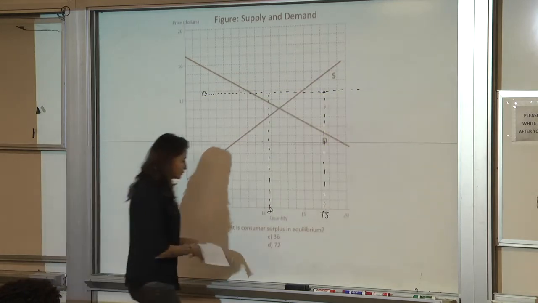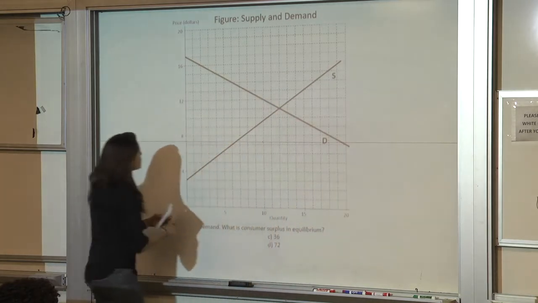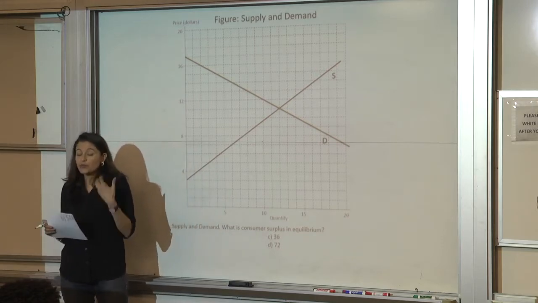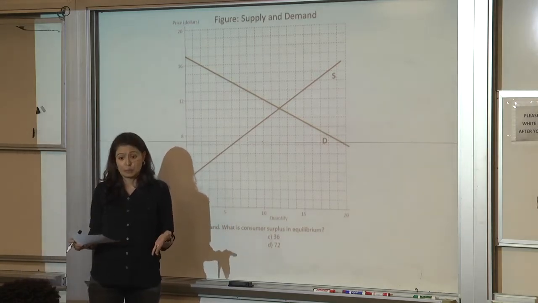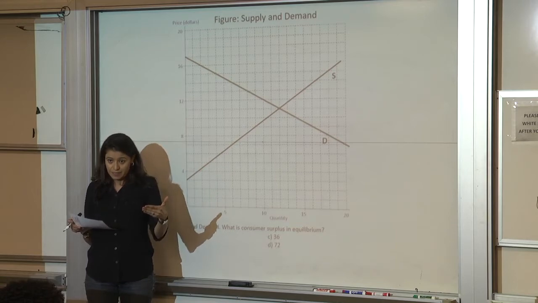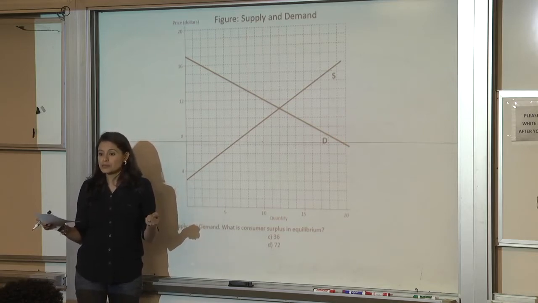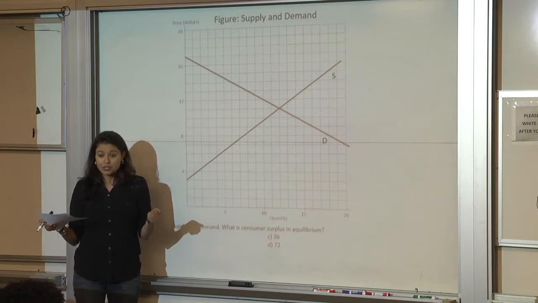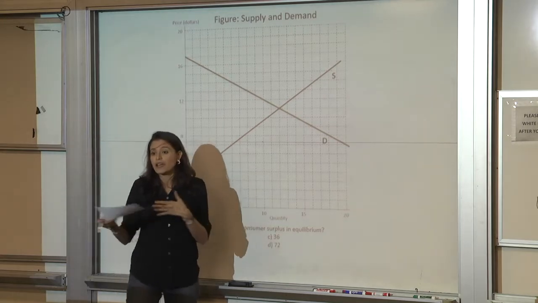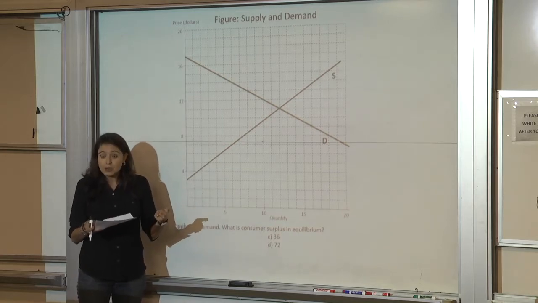Now, next question. The next question refers to the same graph and asks you, what is the consumer surplus in equilibrium? So first of all, let's think about what is the consumer surplus. The consumer surplus is the difference between the willingness to pay that is represented by what? What represents the willingness to pay of the consumers? The demand line, exactly. So demand is always associated with the willingness to pay of the consumers. And the supply function is associated with the cost of the producers, okay? So what the consumer surplus is telling me is the difference between the willingness to pay.